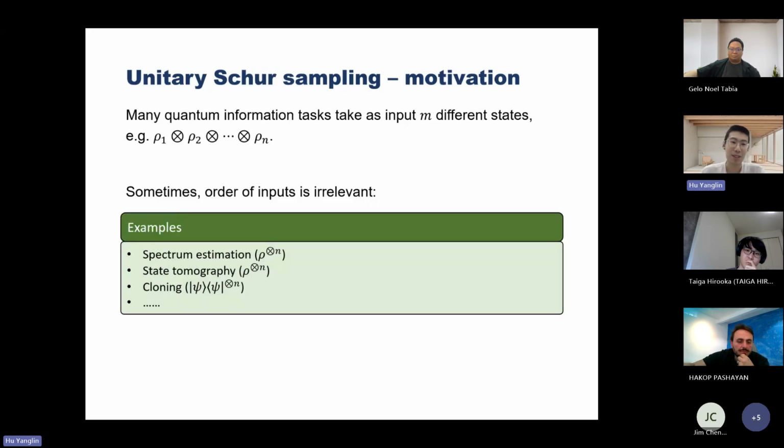For example, you want to estimate the spectrum of a specific state, and you are given the state n times.